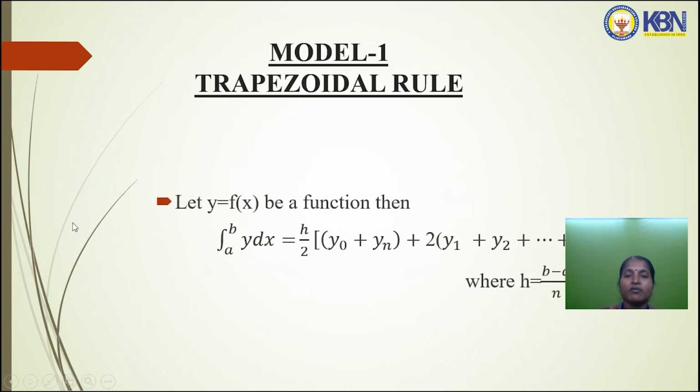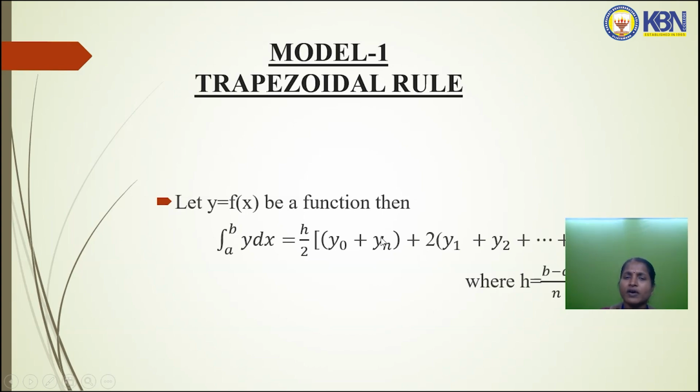Model 1, we write the trapezoidal rule. Let y is equal to f of x be a function. Then the formula is integral of a to b y dx is equal to h by 2 into [y0 plus yn plus 2 into (y1 plus y2 and so on yn minus 1)], where h is equal to b minus a by n.